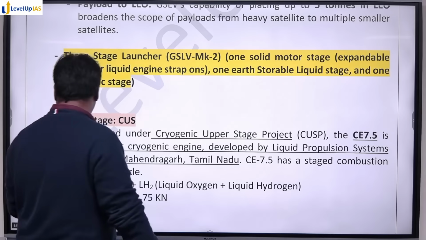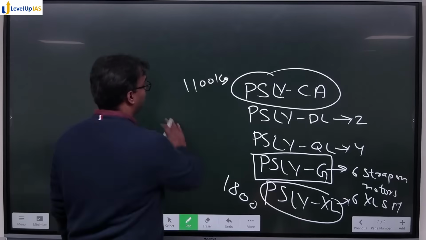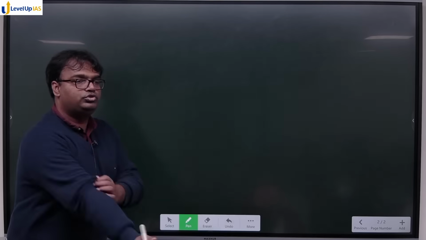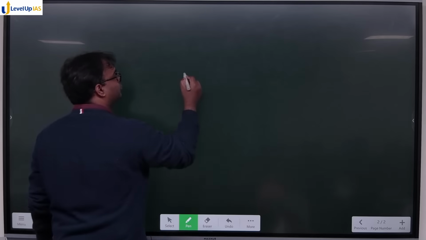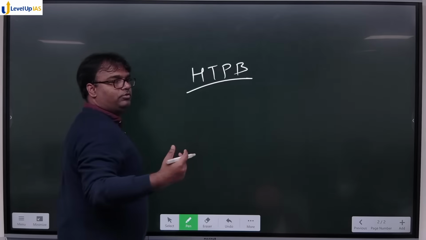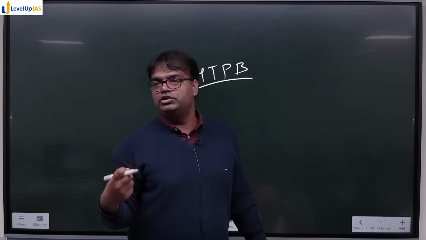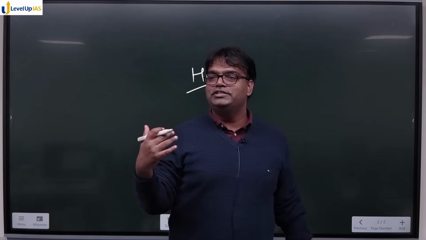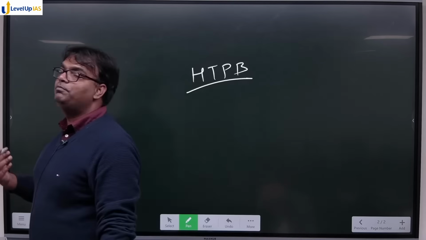By the way, one thing we missed: which is the fuel that is used. So when we say solid engine, the fuel that is used is HTPB, hydroxyl terminated polybutadiene, which is a solid fuel. This is not in the notes, write it down, because some people keep asking. UPSC will not ask it, but still the fuel used is hydroxyl terminated polybutadiene.